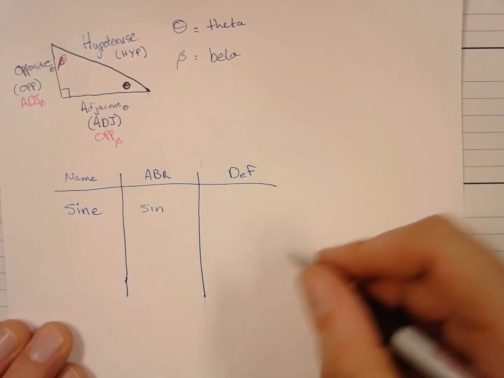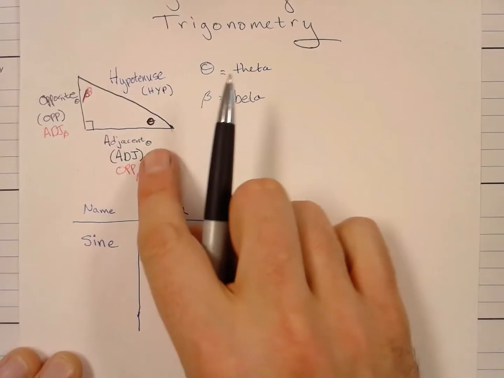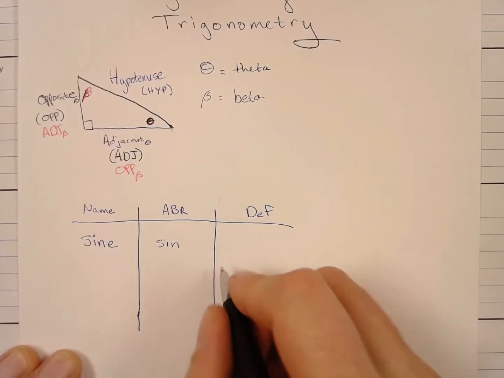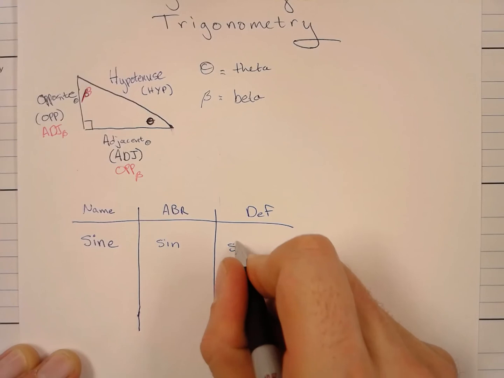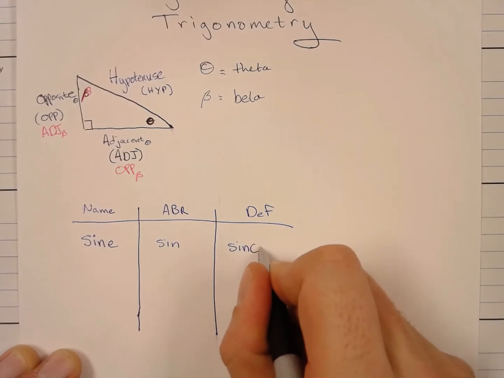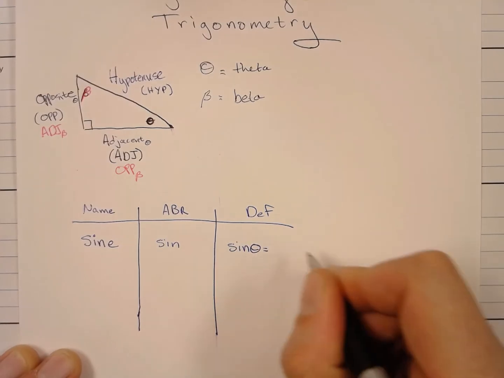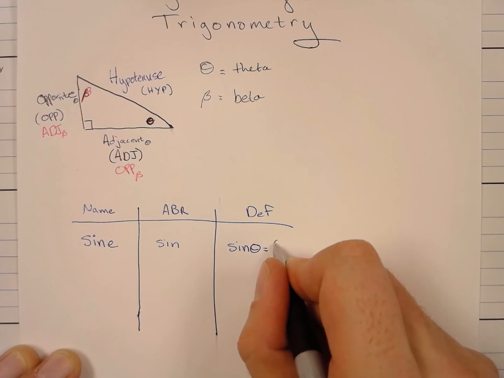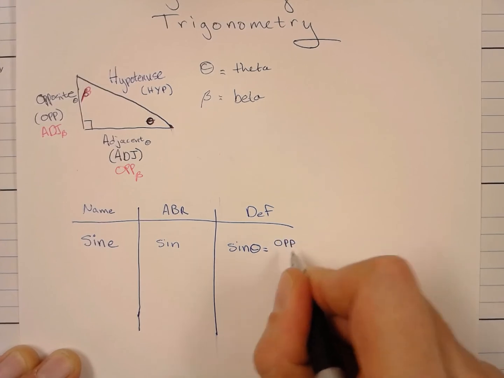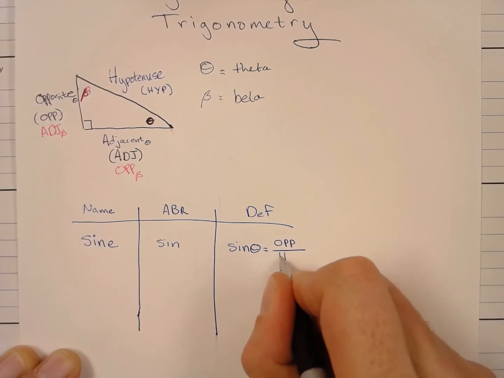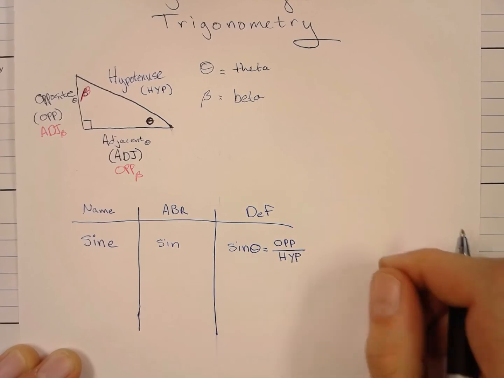Anyhow, the definition for a right triangle is that the sine of acute angle theta is equal to the ratio of the opposite side divided by the hypotenuse.